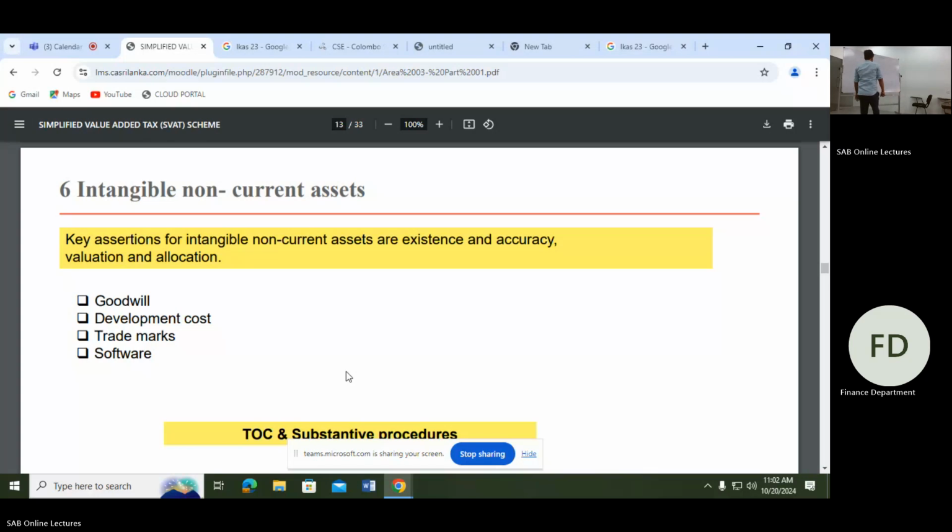Okay. Another thing is development cost. You know, right? Research and development. Research cost is an expense to the company. Once you are doing research, the next step is development. But you can't say that each and every research will be successful.